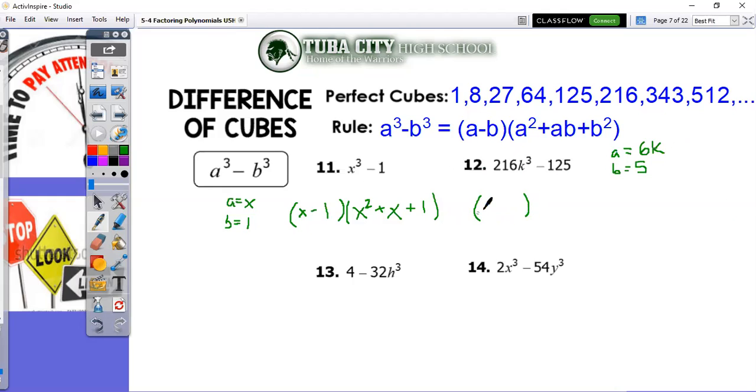A minus B, so 6K minus 5. A squared is 36K squared. A times B, so 6 times 5 is 30K.